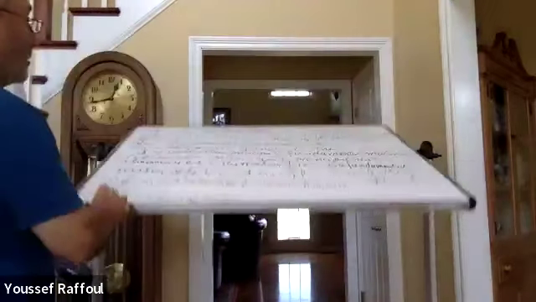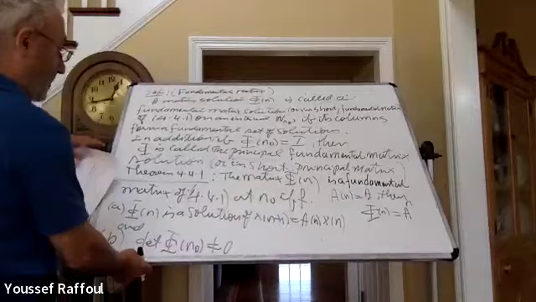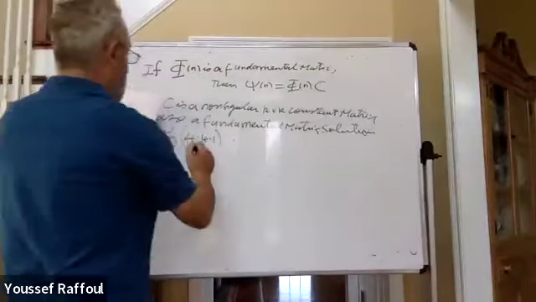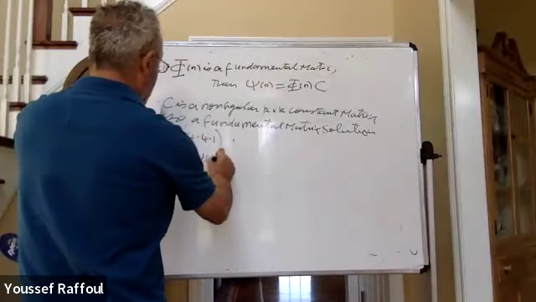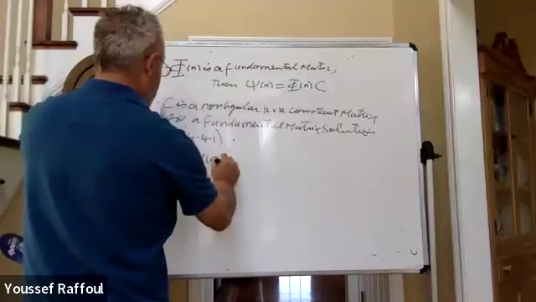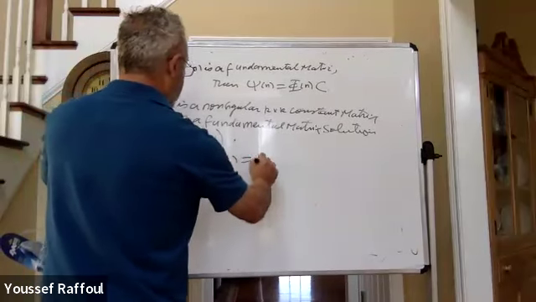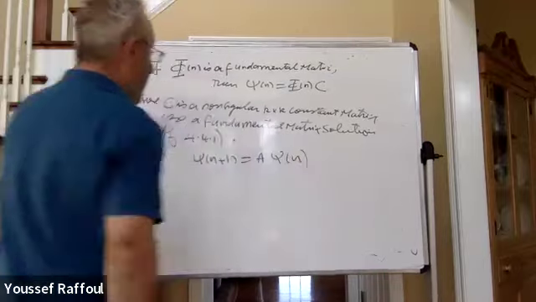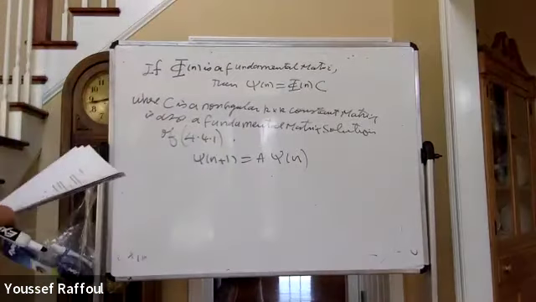Is that what we called it? Yeah. So that is phi of n plus 1 equal A n phi n. Okay?